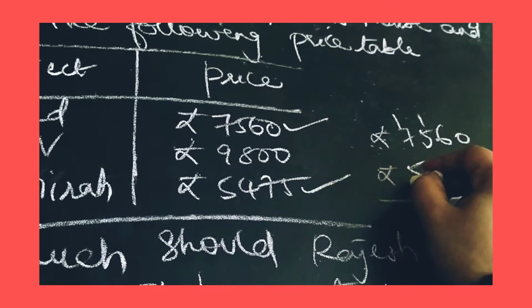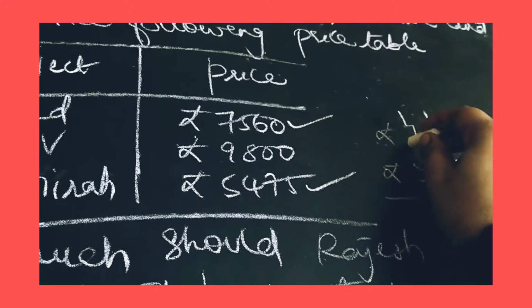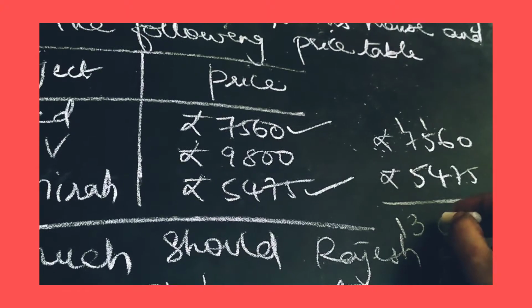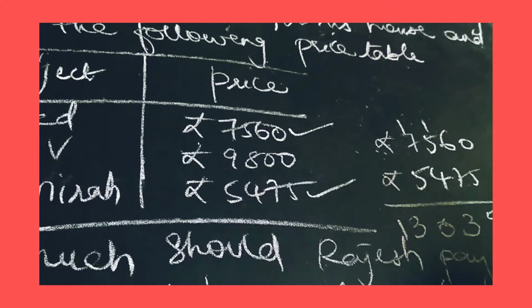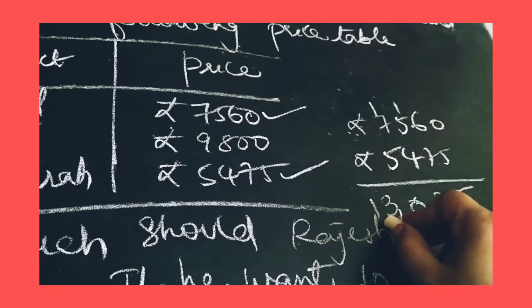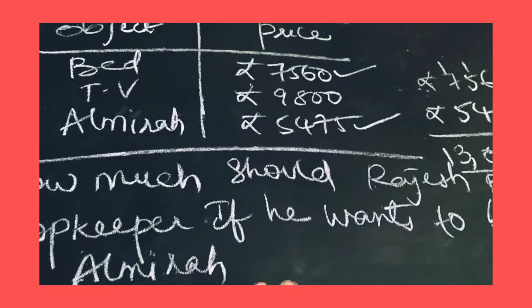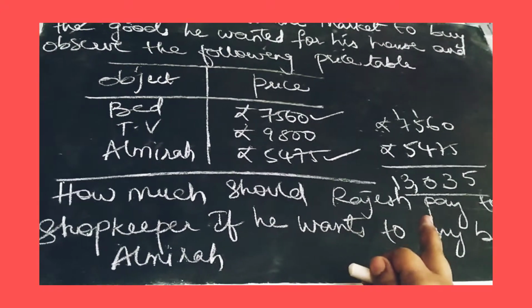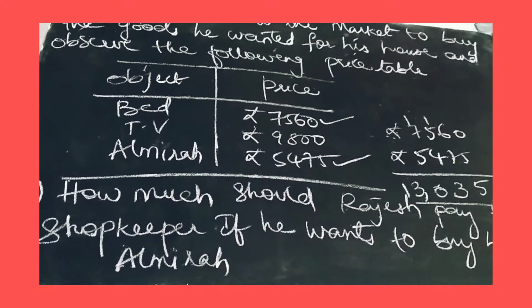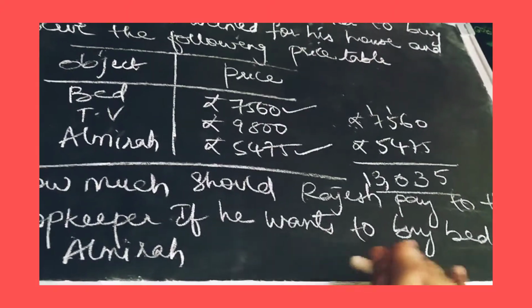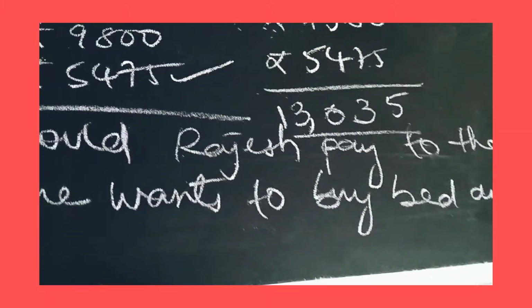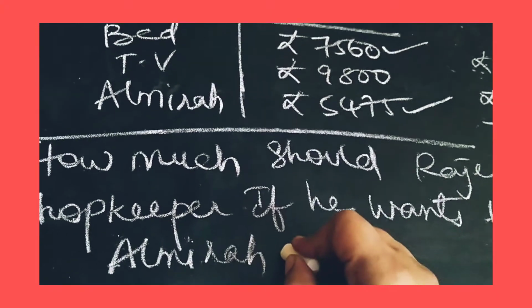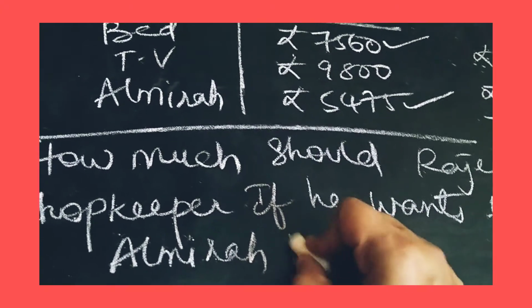Okay, then 5, 6. 6 plus 6 is 12, plus 1 is 13 again. So it is 13,035. Okay, so here you can write Rajesh pays 13,035 to buy bed and almirah.